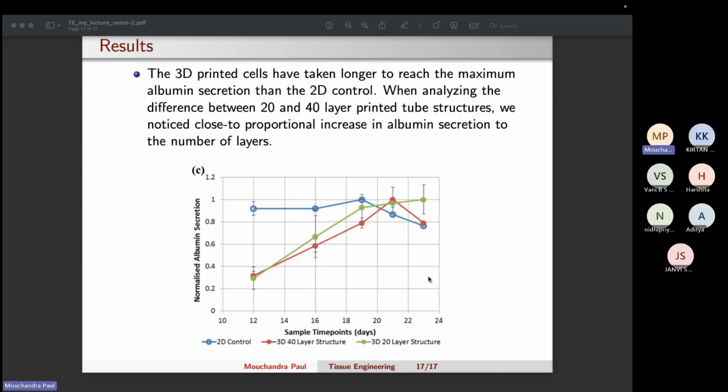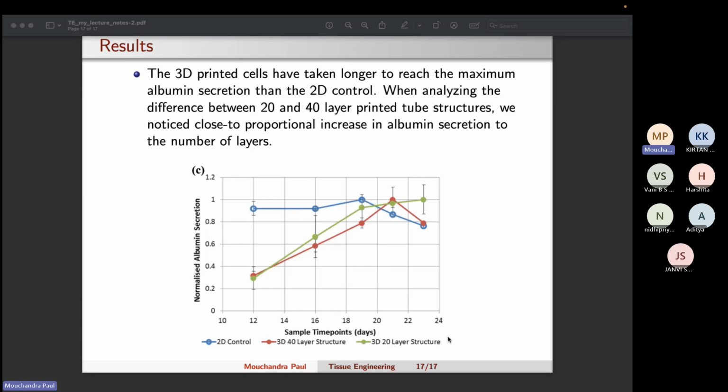When you do 3D cell culture using organoids or spheroids, the cells experience much more resistance to the supply of nutrients, and the clearance of waste happens slowly, because of which the cells are not at their exponential growth phase for a very long time. It takes longer for them to increase in number and show functionality in 3D, which is why in 2D the peak in albumin secretion is achieved earlier, right?